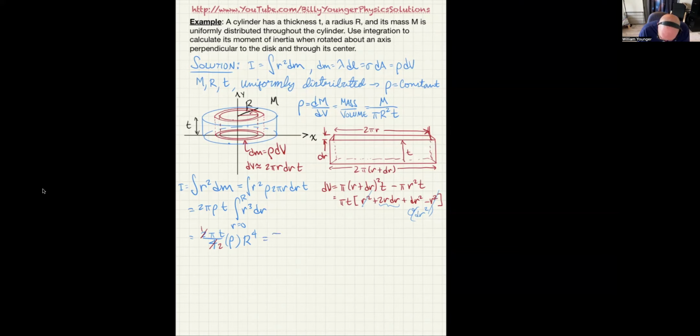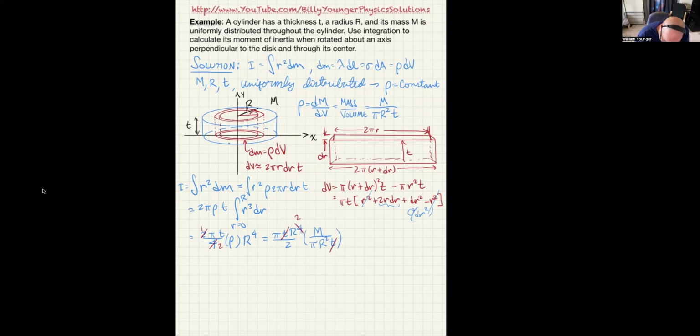So now I have pi t r to the fourth over 2 times, now my rho is m over pi r squared t. Now you can see that the t cancels out with the t.